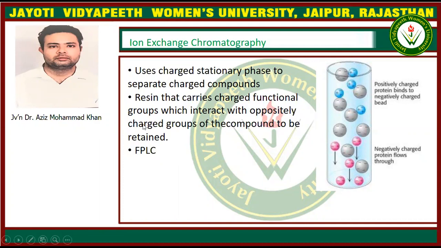So for example, this is the tube in which the ion exchange chromatography is conducted. In this stationary phase, sorry, we want to separate the negatively charged proteins. So we will take the negatively charged resins.